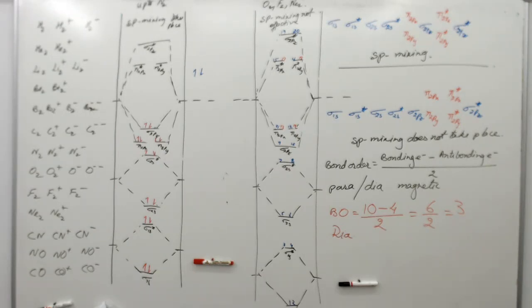So the bonding electrons are the ones which are on the non-star ones. Yes. Okay. So then for He2 it shouldn't exist. Yes, it doesn't. Okay.